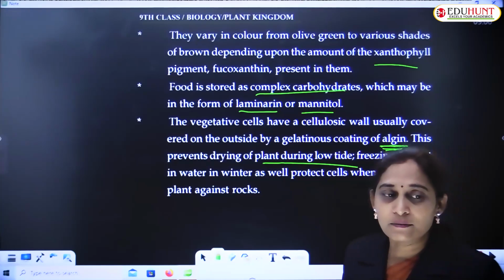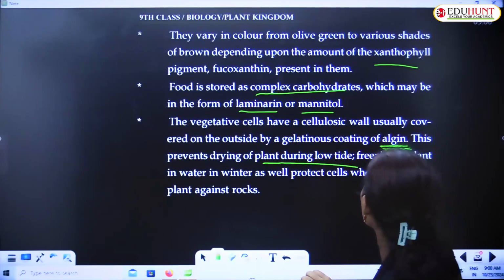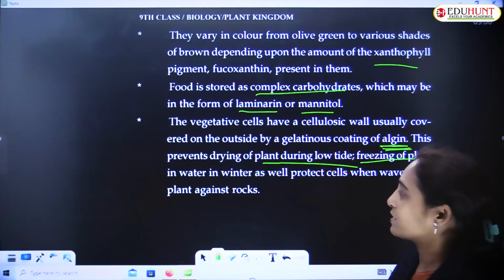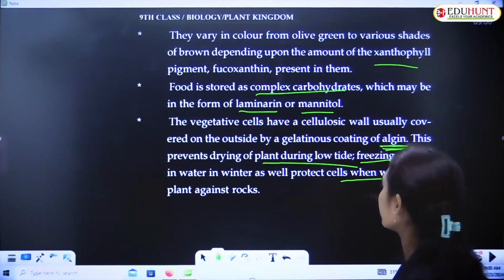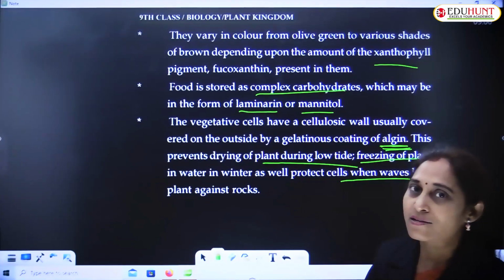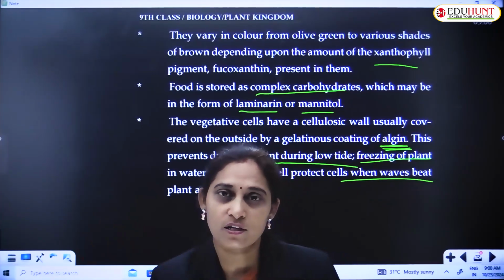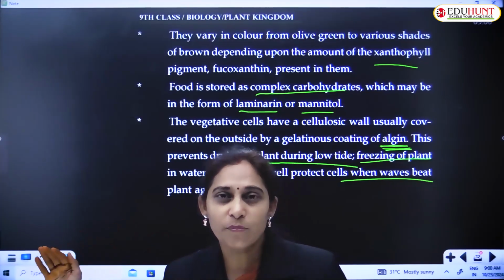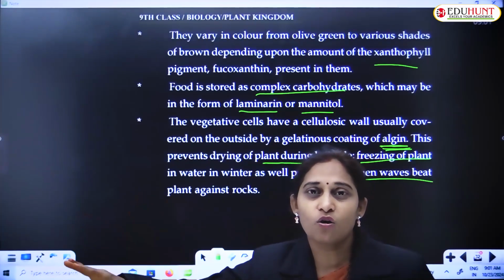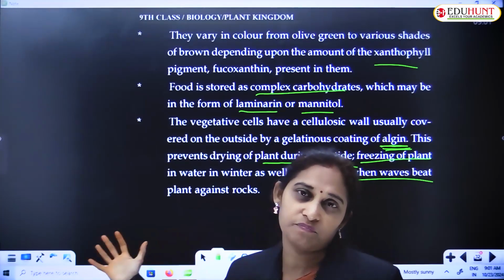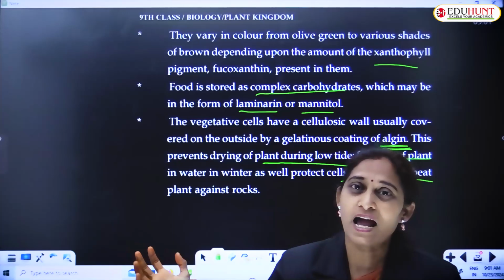As said, when there is high tide and more water, okay, but when there is low tide, and for freezing of plant in water in winter, as well as to protect cells when waves beat plants against the rocks. ఈ వేవ్స్ వచ్చి రాక్స్ని గుద్దుకున్నప్పుడు, these are just free floating algal members, వాటర్లో ఫ్లోట్ అవుతూ ఉంటాయి. వేవ్ రాక్కి గుద్దుకుంటే ఇవి డ్యామేజ్ అయిపోవచ్చు.